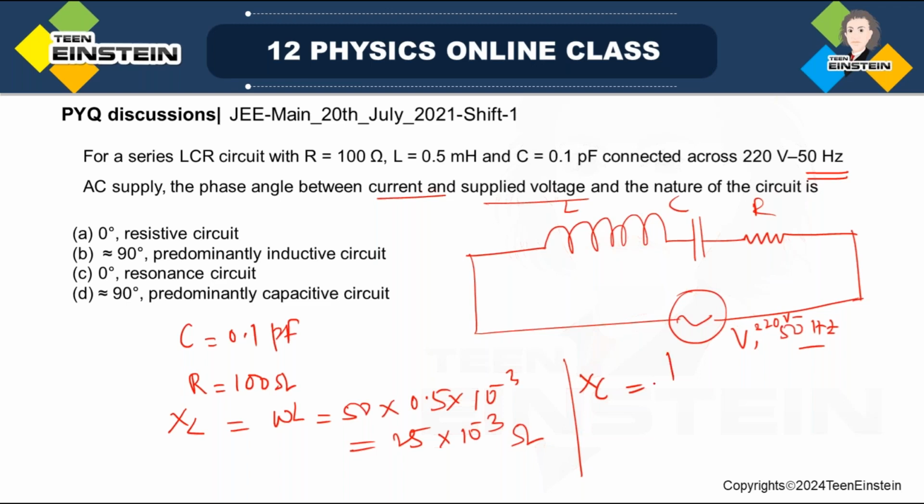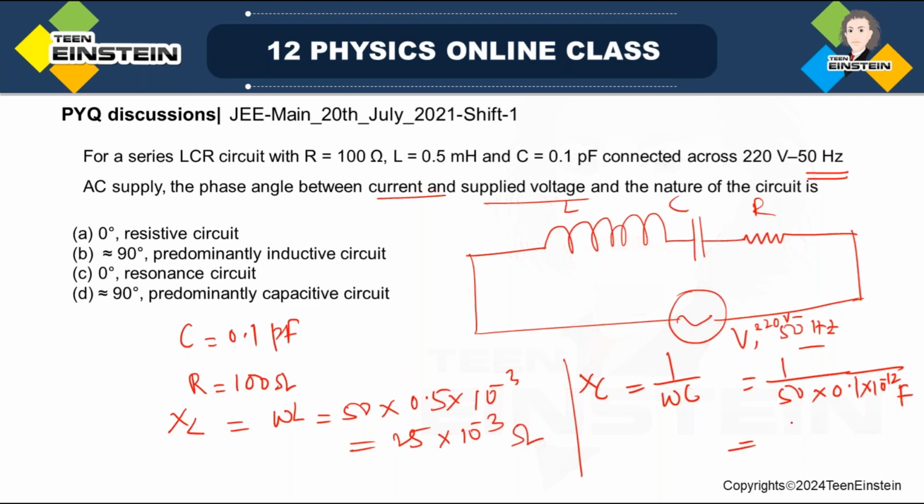Capacitive reactance is 1 over omega into C, 1 over 50 into C. C is the capacitance, 0.1 picofarad. That means 10 to the minus 12 farad here. Look then what we get.